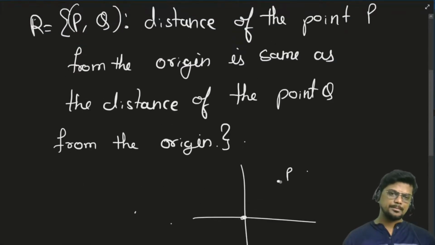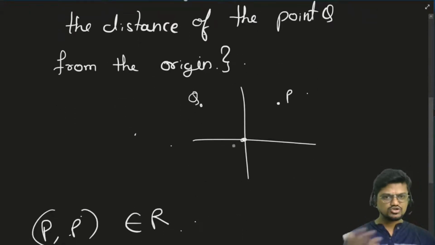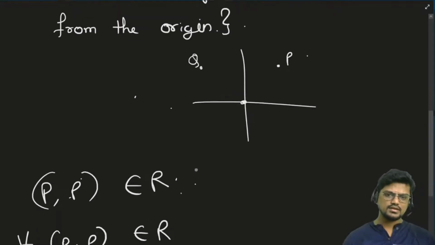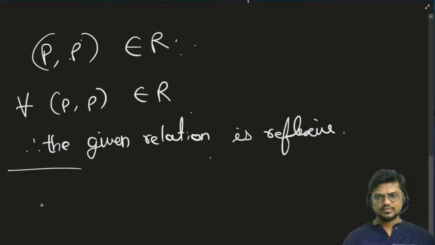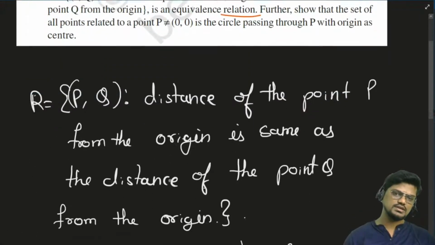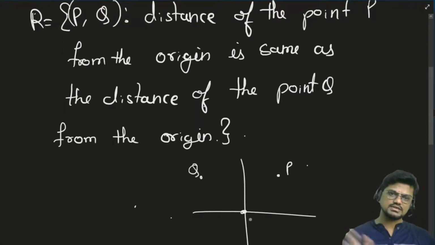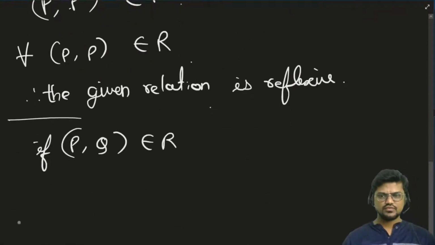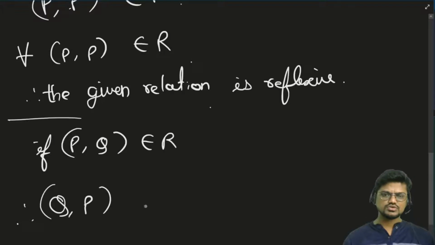If the distance of point P from the origin is the same as the distance of Q from the origin, can I also say the distance of Q from the origin is the same as the distance of P from the origin? If P comma Q belongs to the relation, can I also say the distance of Q from the origin is the same as that of P? That means Q comma P also belongs to the relation.